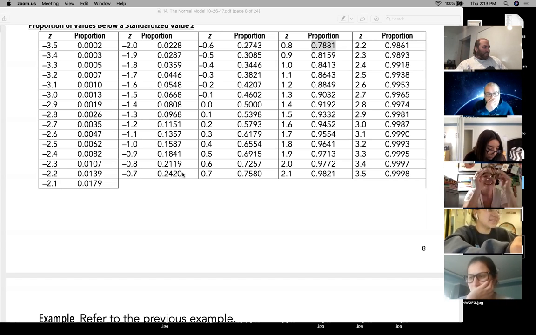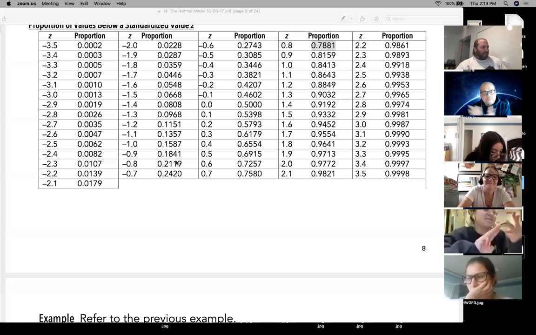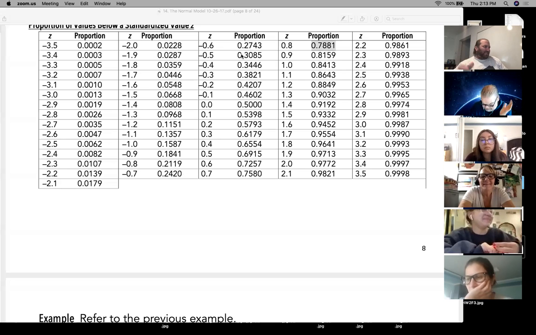Hey, Professor? Yeah, I'm sorry. Go ahead. We're adding the two numbers between negative 0.6 and negative 0.7, right? Are you talking about the Kim example or the Kanye example? The Kanye example. So add them and then divide by 2. Well, what was Kanye's Z-score? Negative 0.67. Okay, which is somewhere in between negative 0.6 and negative 0.7, correct?